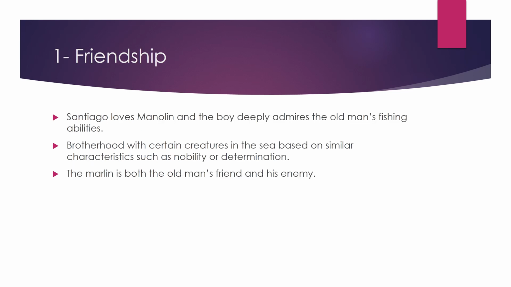As for friendship, Santiago loves Manolin, and the boy deeply admires the old man's fishing abilities. This is the first part of friendship. Friendship in this novel is so obvious and clear. We see a very close friendship between the boy and Santiago, the old man.